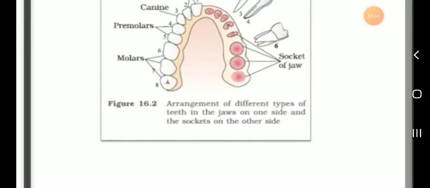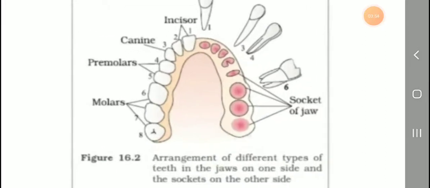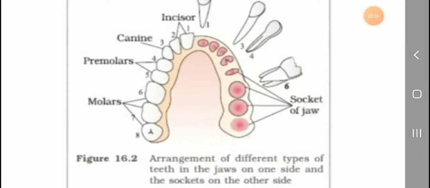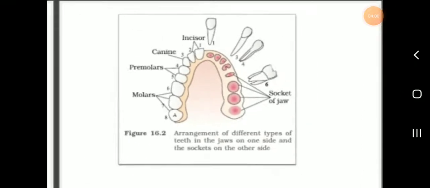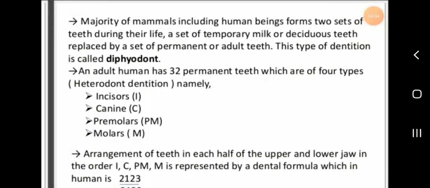See the picture, students. The arrangement of different types of teeth in the jaws on one side and sockets on the other side. Incisors, canine, premolars, molars, sockets of jaw. Okay, listen.